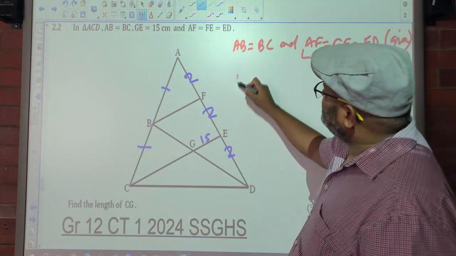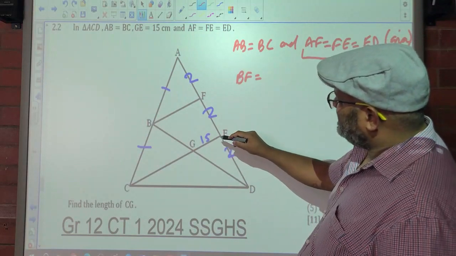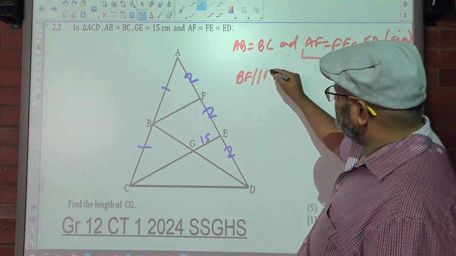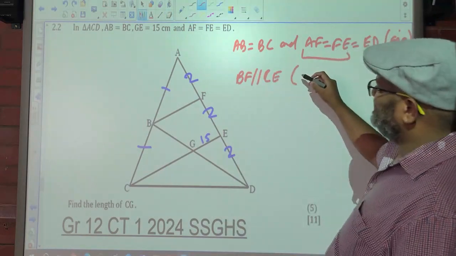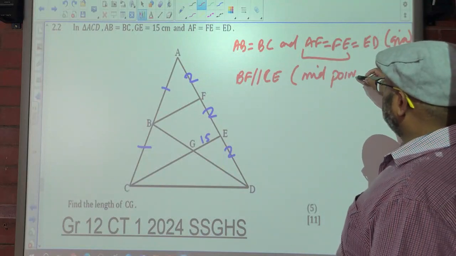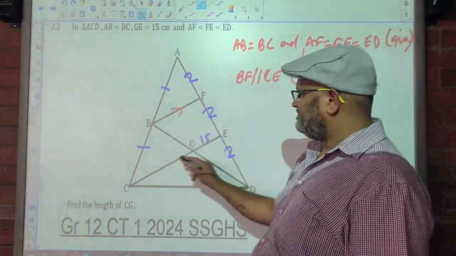With that we can conclude now that BF is parallel to CE. Why? Midpoint theorem. So now I can write these parallel lines in.